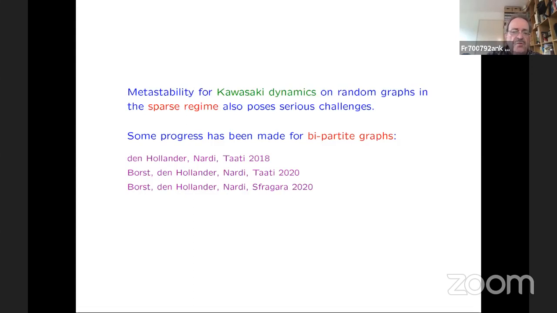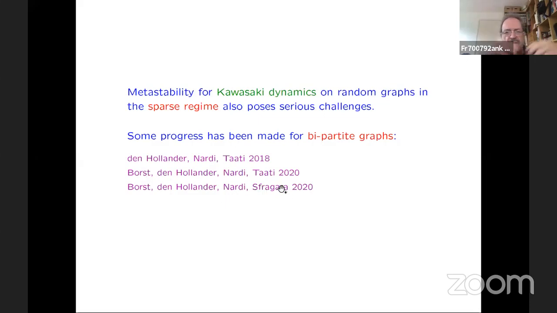So a kind of 2 community graph. And in that case, it's possible to also understand metastability phenomena, and this involves Siamak Taati, Francesca Nardi, Sam Borst and Matthäus Fragare.